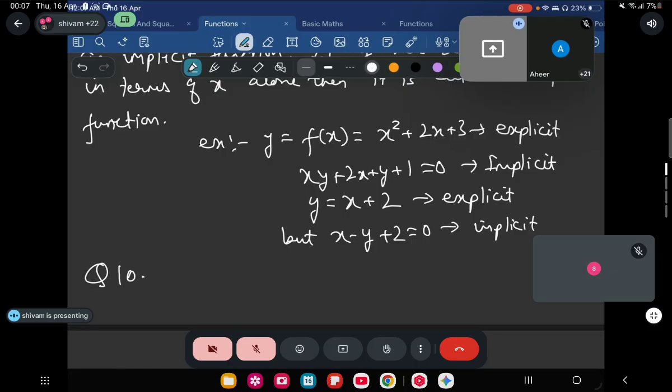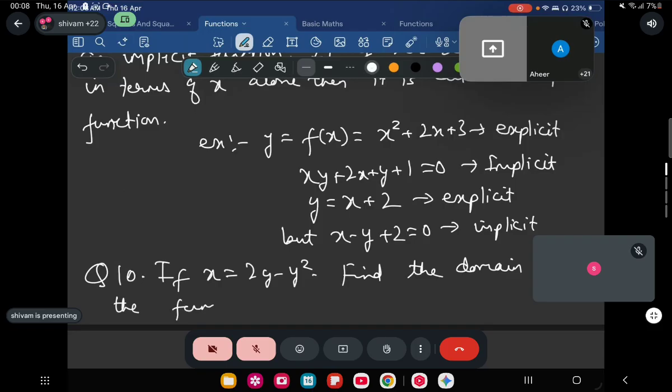Question number 10. If x equal to 2y minus y square, find the domain of the function. Quickly solve. Once you have done it, send your answers, everyone.